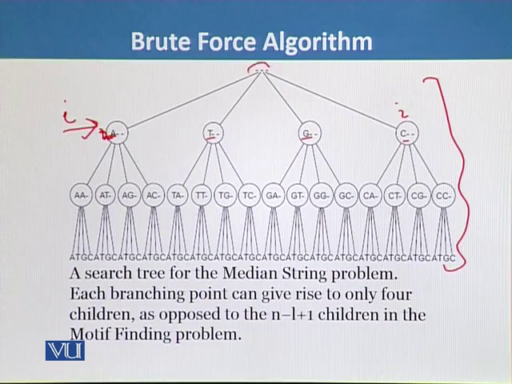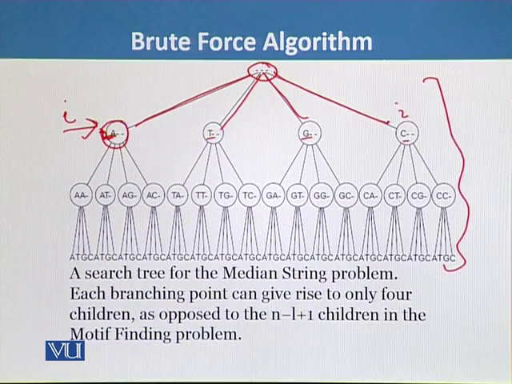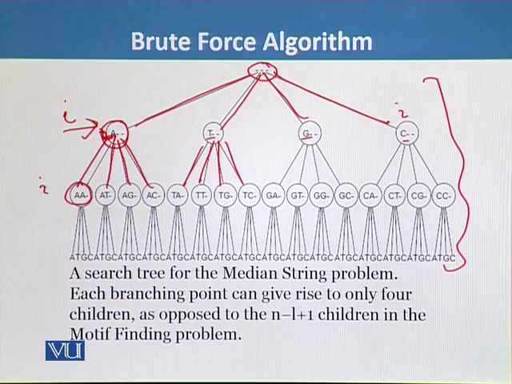We can see here this is the root, and from each vertex we have only 4 options: 1, 2, 3 and 4. Then this is the next level vertex, and from this we again have 4 options, 1, 2, 3, 4. So from every vertex we have 4 options, and in the next level of vertex again we have 1, 2, 3, 4 options.